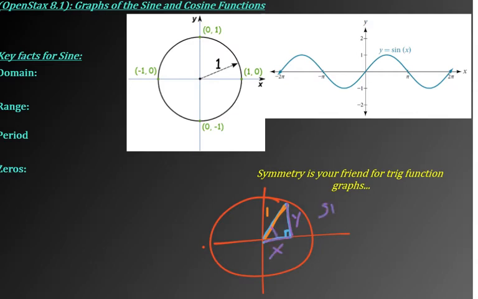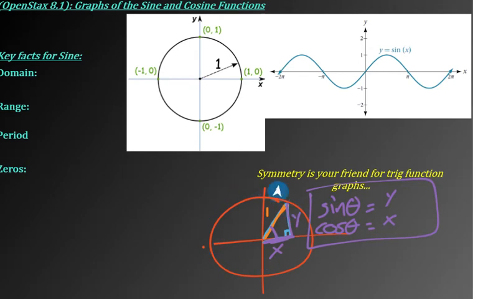The sine of the angle in there is just y over 1. Or you can just look at it as the y value on the unit circle is sine. And then for cosine, based on SOHCAHTOA, x over 1 is cosine. So this is honestly all you need to remember to graph sine and cosine.